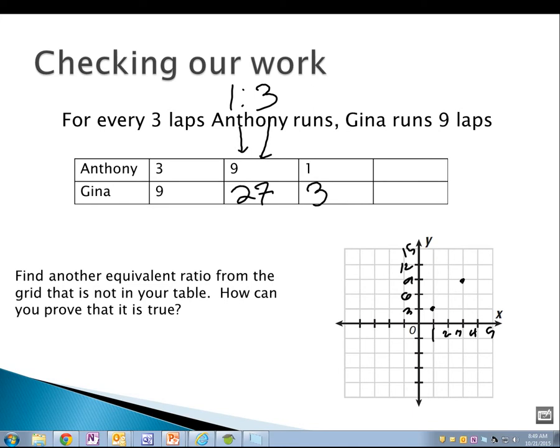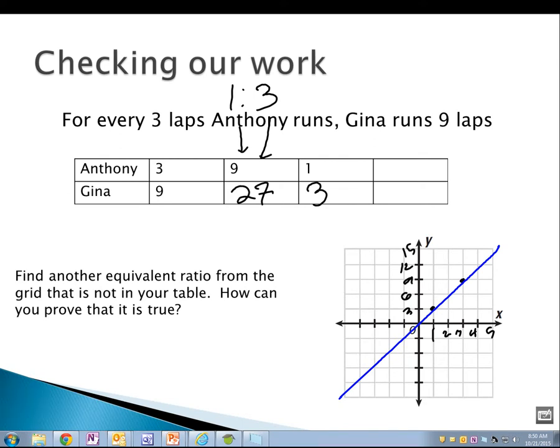So Jojo, do you have a question? Uh-huh. Yep, we sure do. We need to fill out that empty one. And it's going to be somewhere on this line. Can someone tell me a ratio that is on that line?